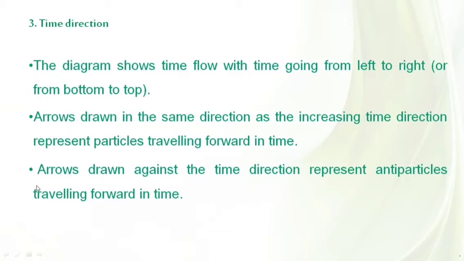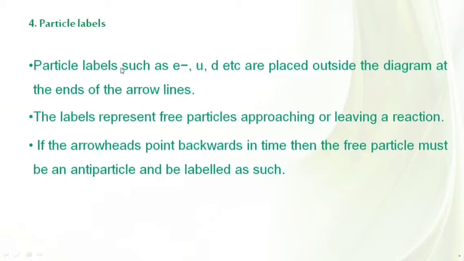And particle labels, we have created some particle labels to simplify. So particle labels such as electrons, up, down, these are quarks. There are also strange and all sorts of quarks. These are funny names actually, and are placed outside the diagram at the end of the arrow lines. The labels represent free particles approaching or leaving a reaction.